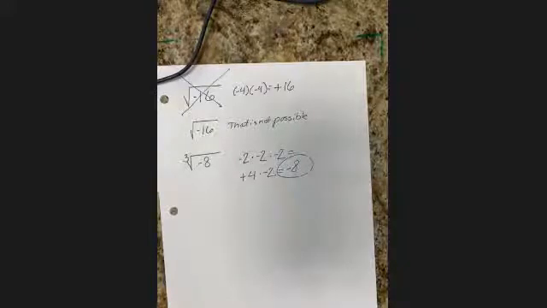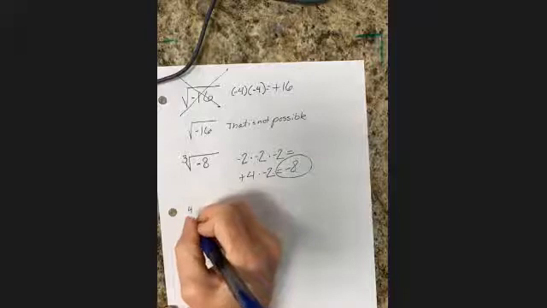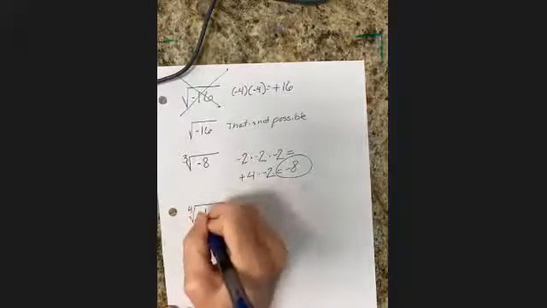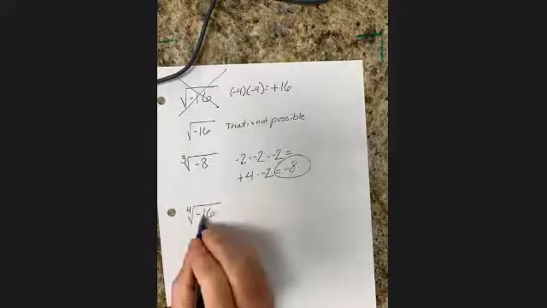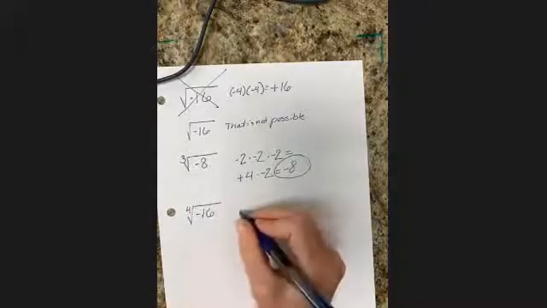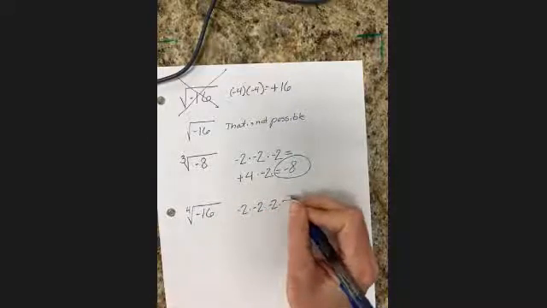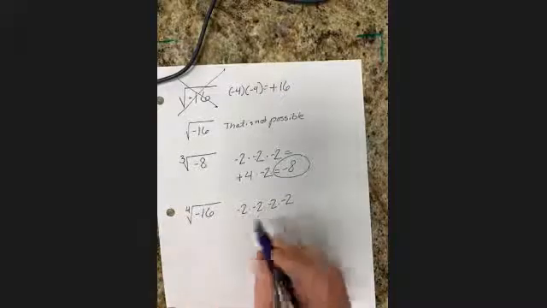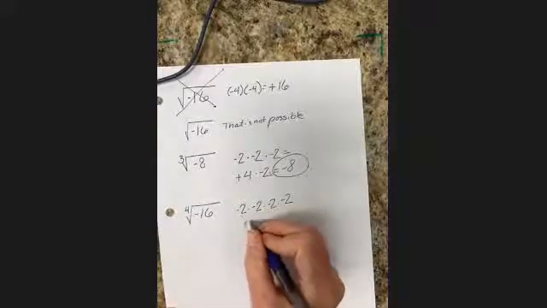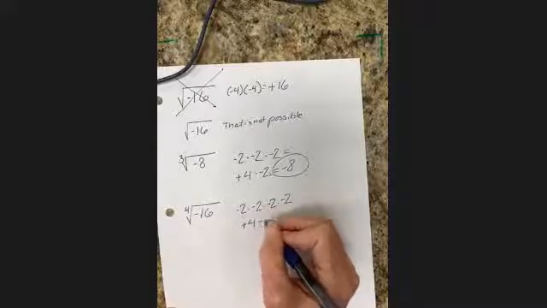We totally can. So I'm just gonna do this. This isn't part of our lesson, but what if we have the 4th root? What if we have the 4th root of like -16? That's gonna be 2. Okay, so if I say -2 times -2 times -2 times -2, because the 4th root is what's multiplied by itself 4 times. -2 times -2 is +4. +4 times -2 is negative.